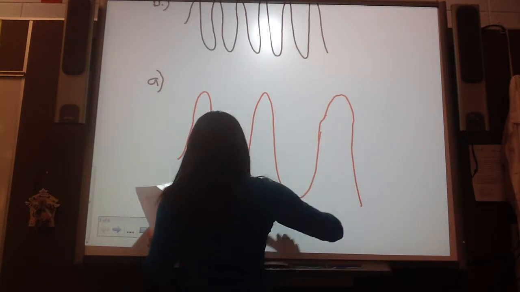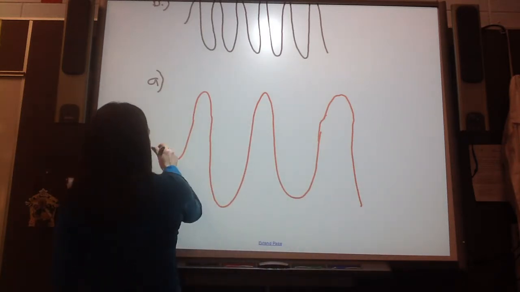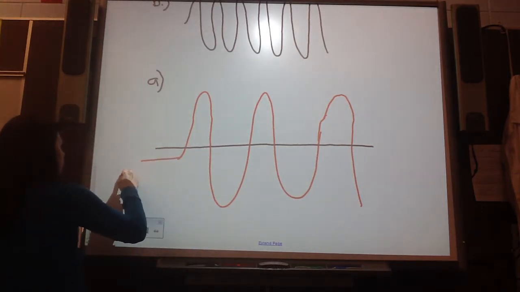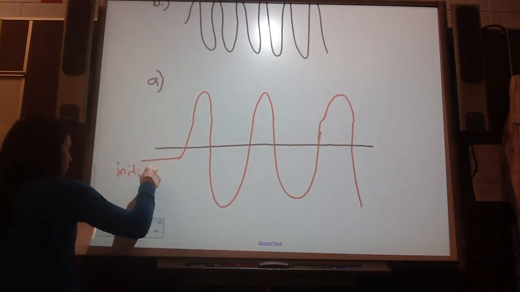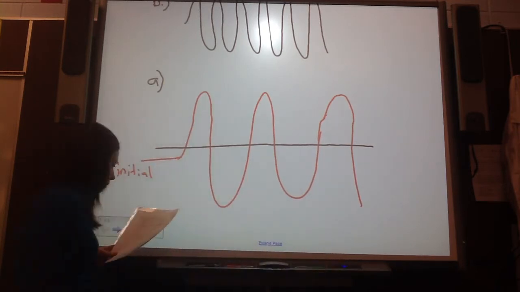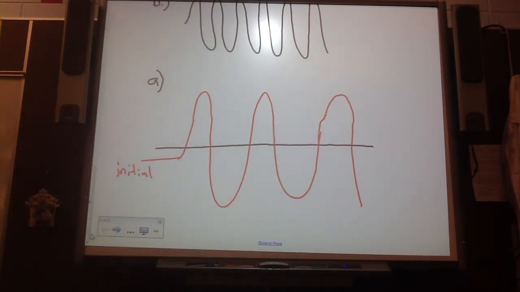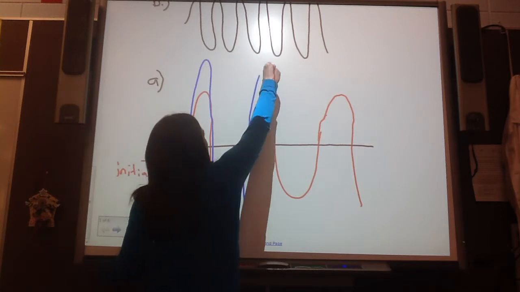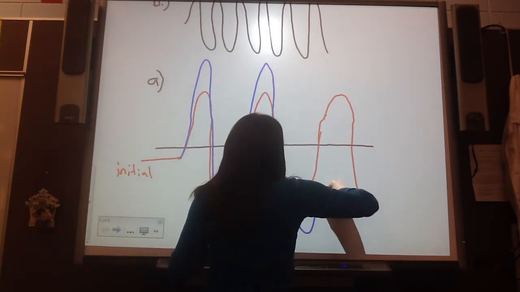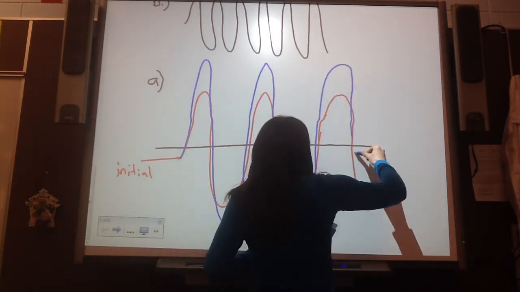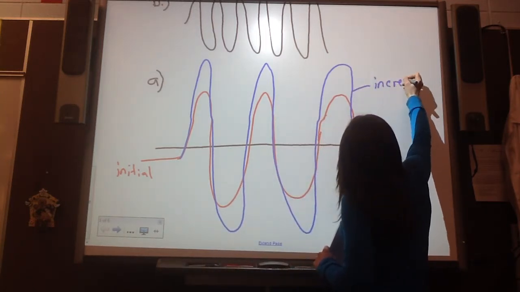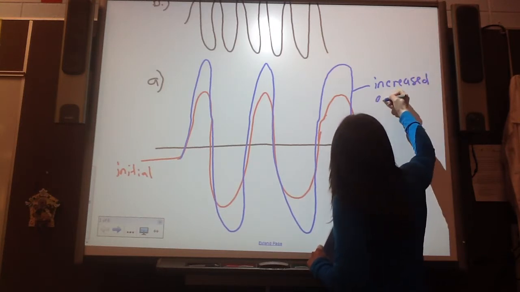So for A, say the red is our initial. If amplitude increases but speed stays the same, I need to have a bigger amplitude, okay? So it goes up higher and comes down lower. So this is increased amplitude.